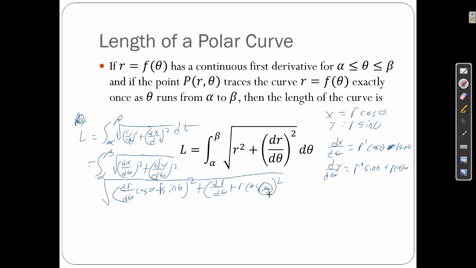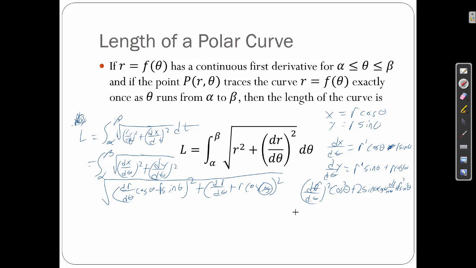So you do the work here. That first one becomes dr/dθ squared cosine squared θ, minus 2 sine θ cosine θ r dr/dθ, and then plus r squared sine squared θ, and don't forget the r squared.